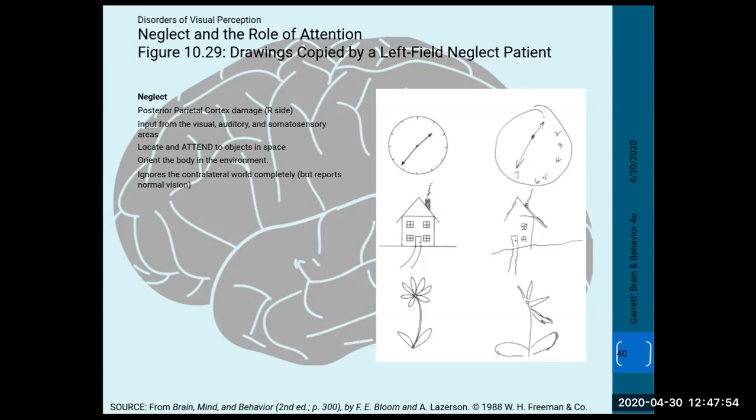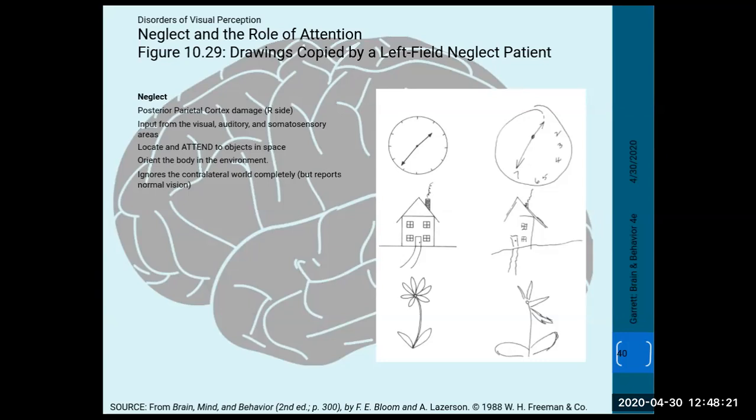And these people are not even aware that they're missing it. They think that they're seeing and they're copying the entire picture. Once again, with the flower, you only see the petals of the flower on the right side. You don't see anything on the left. And this is what we call neglect or hemi-neglect. So this area of the posterior parietal cortex allows us to locate and attend, so put attention on our objects in space.